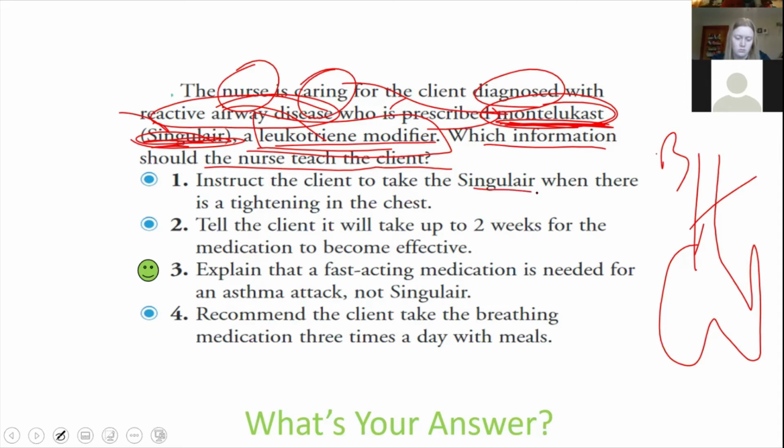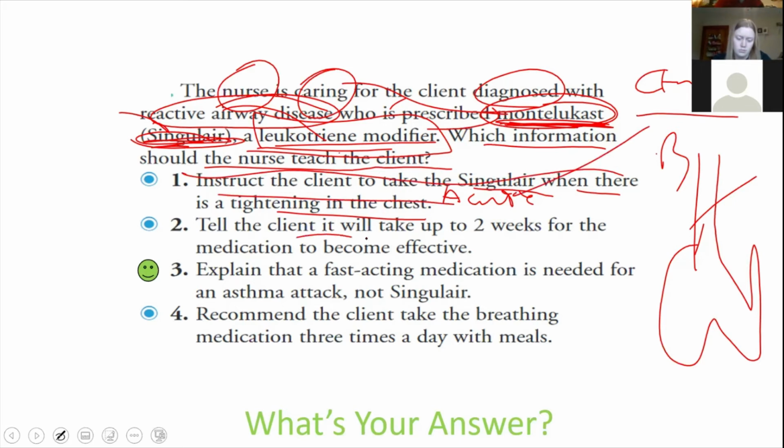Instruct the client to take Singulair when there's a tightening of the chest. Well, that's an acute situation, and this is a chronic med, right? Everybody knows that it's a chronic med, so that doesn't match together, so get rid of that one. Tell the client it will take up to 2 weeks for the medication. I'm not sure about that, so I'm going to keep it, okay?